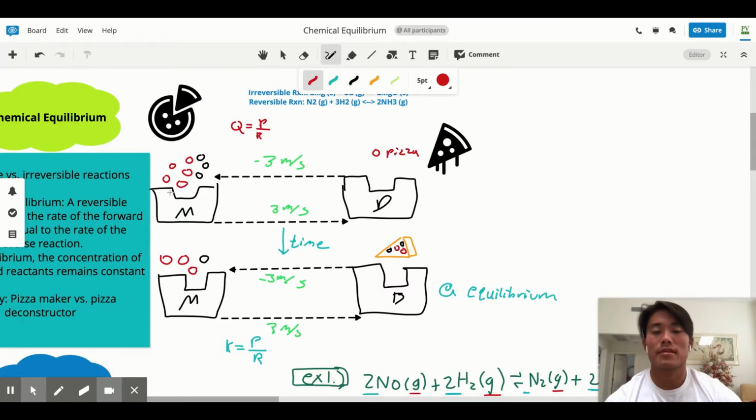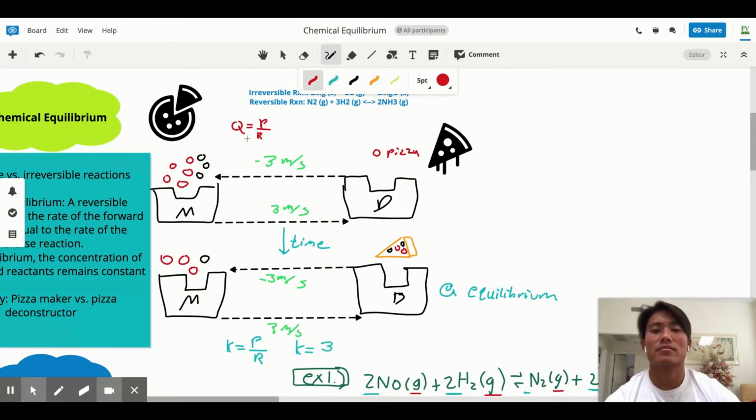You're going to put it into the system, and after a certain amount of time, the system reaches equilibrium, in which you'll have a constant concentration of your pepperoni, sausage, and pizza. Remember, at equilibrium, you get the K constant, so you'll have some value. Let's say for the K constant, you have a value of 3.